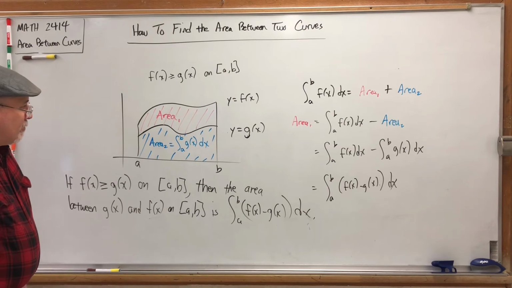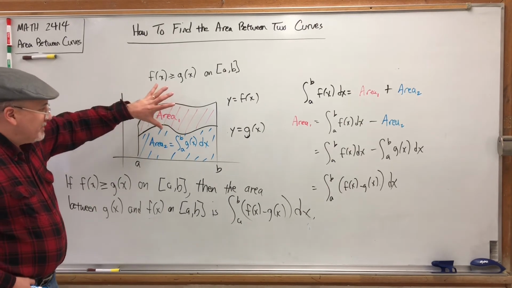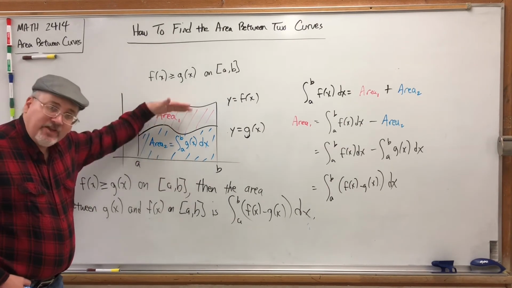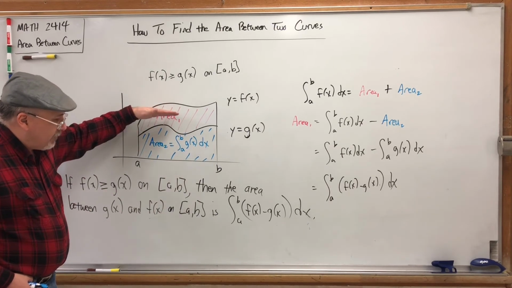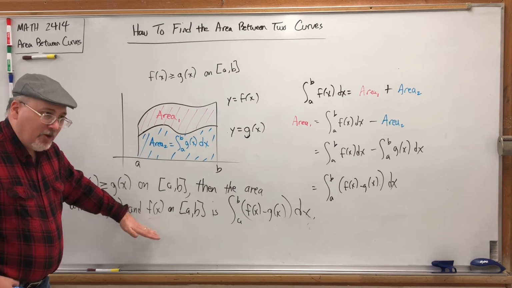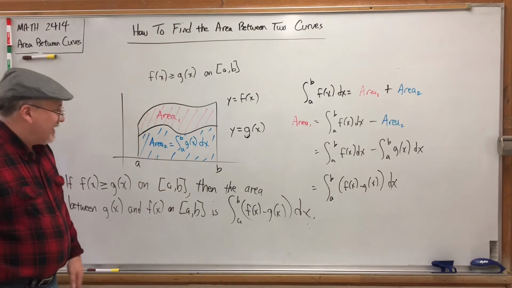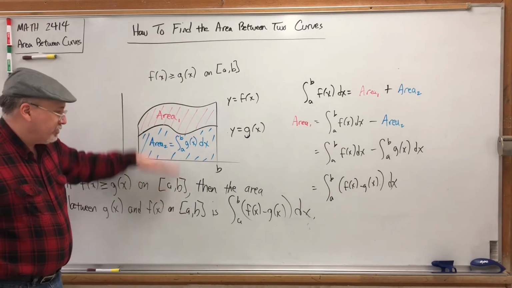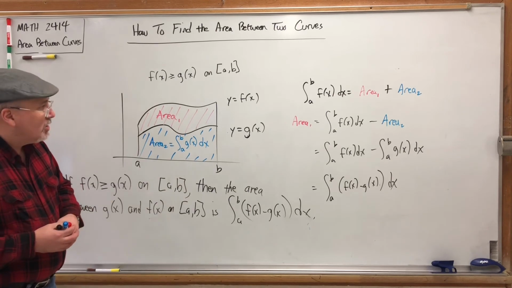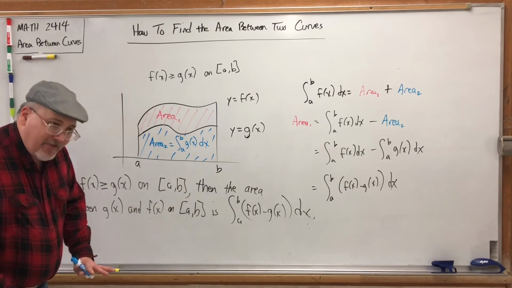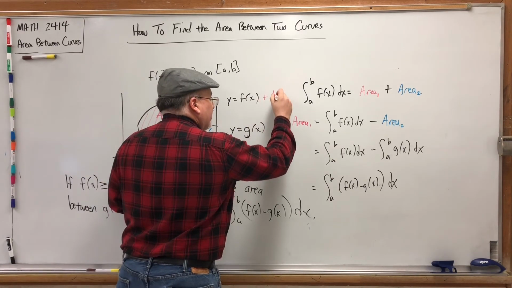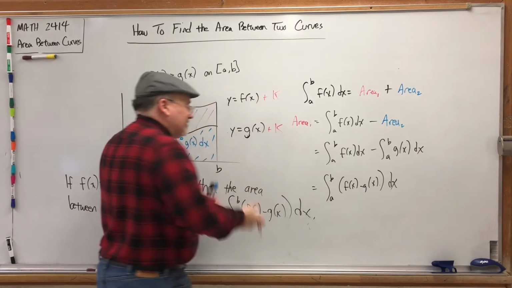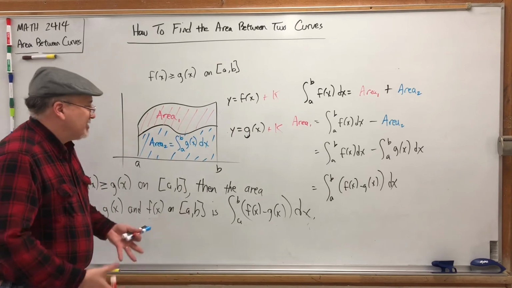Let's pretend for a moment that these guys were the same, except they were shifted down to where they dip below. Well, there would probably be a finite distance below which they were below the x-axis, like maybe they're 2 units or 3 units or 10 units below the x-axis. If we knew how far down they were below the x-axis, we could add that to each function, so we'll say plus k, where k is the distance below the x-axis, and that plus k would move them all up.